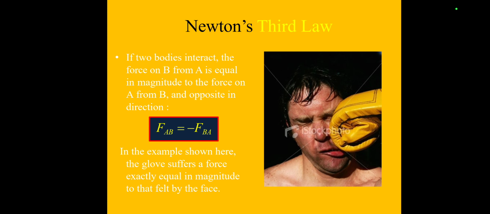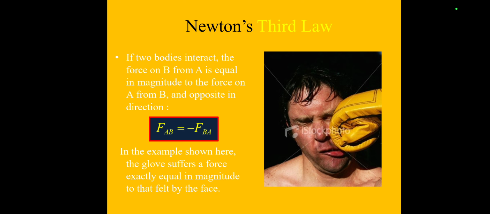So now we have to start with Newton's third law. If two bodies interact, the force on B from A is equal in magnitude to the force on A from B and opposite in direction.